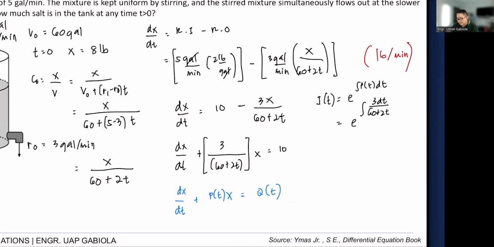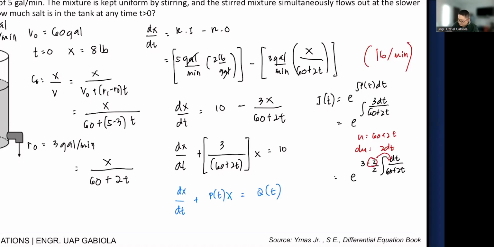So kailangan satisfy natin yung du over u. So kailangan natin u is equals to 60 plus 2t. So du is 2 dt. Okay? So labas natin yung 3. Then magpasok tayo ng 2 over 2. Okay? dt over 60 plus 2t. So ipapasok mo yung 2 doon.